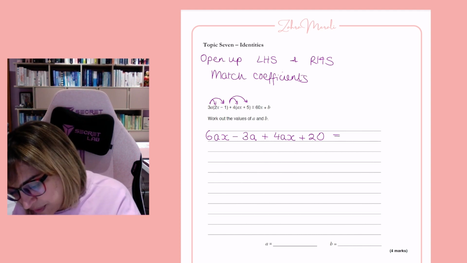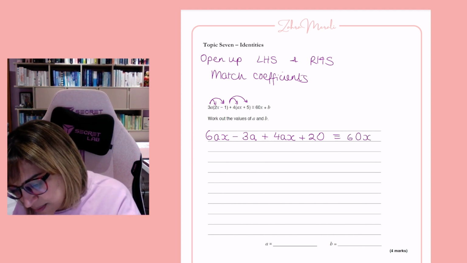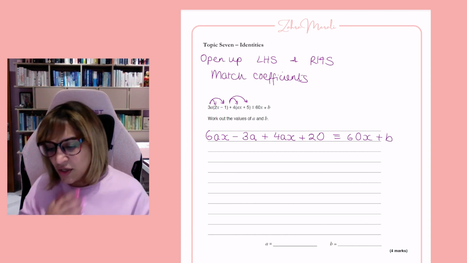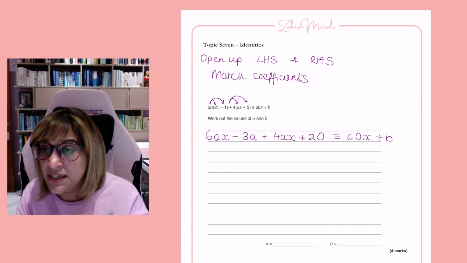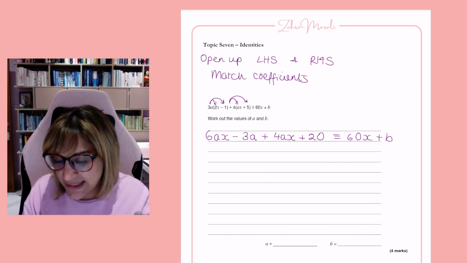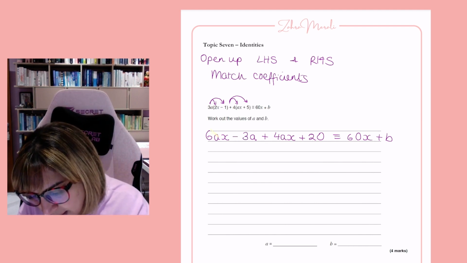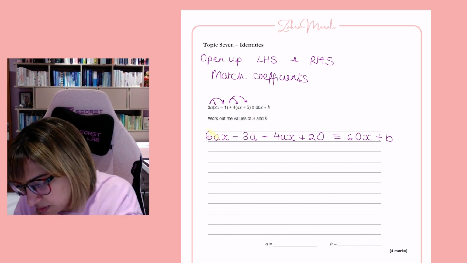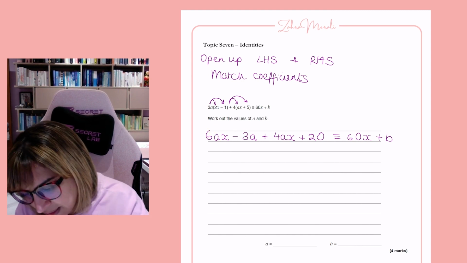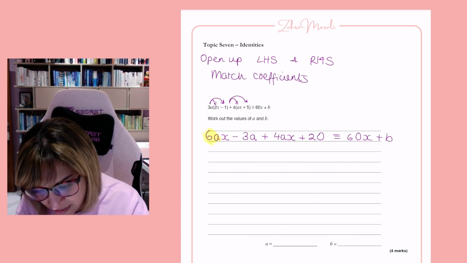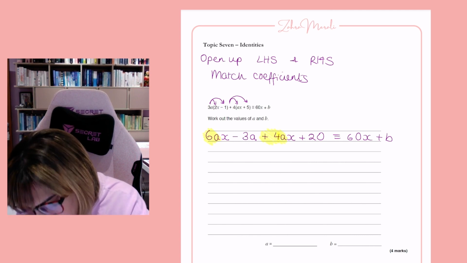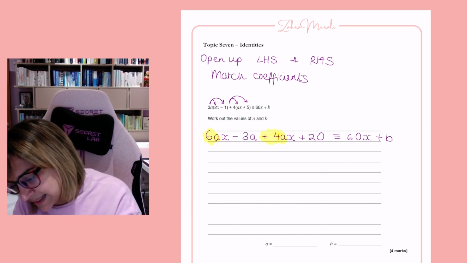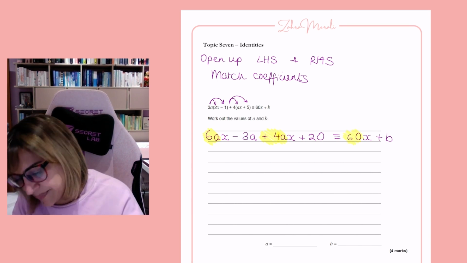And that's equivalent to 60x plus b. So now I'm going to say to myself, on the left-hand side, what is in front of the x's? So on the left-hand side, let's redo that, I've got 6a, that's in front of an x. Take the sign with it, and plus 4a. Okay, and on the right-hand side, I've got 60.